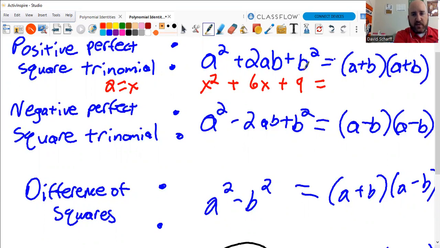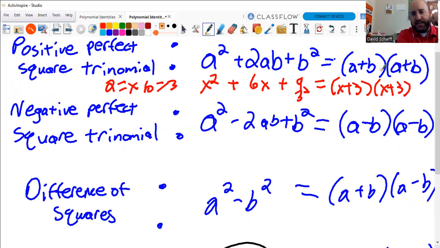If 9 is b squared, another way to write 9 is 3 squared, 3 times 3 is 9. So if 3 squared is b squared, that means b is 3. If I were to factor this, it would be x plus 3 times x plus 3. That's how it would fit. Where the 2ab comes in, it's 2 times a times b, 2 times x times 3, which is 6x.